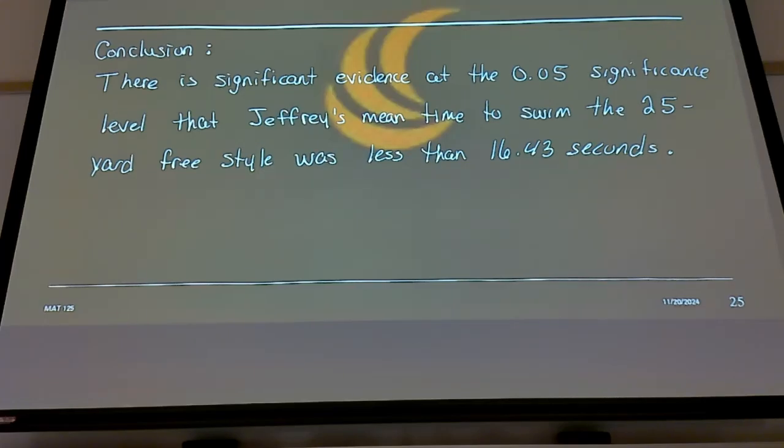Which means the father, we're not going to say was correct. We have evidence to support his claim that Jeffrey swam faster with the goggles. Right, so the father didn't draw an incorrect conclusion.